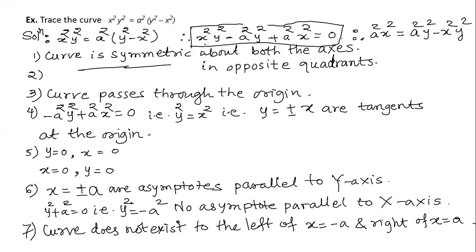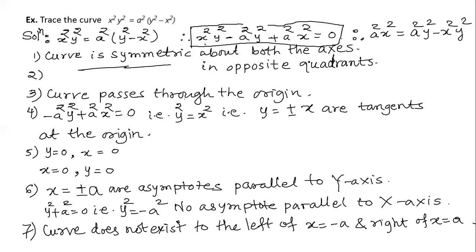Okay. Now see, do you see this equation? x square y square minus a square y square plus a square x square equal to 0. Property 1 says: if the equation contains only even powers of y, here y square is there and in the third term there is no y, that is y to the power 0. So there are only even powers of y.